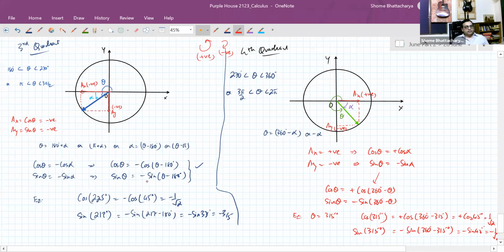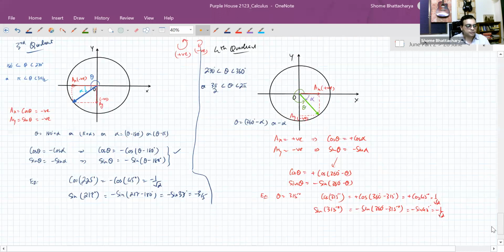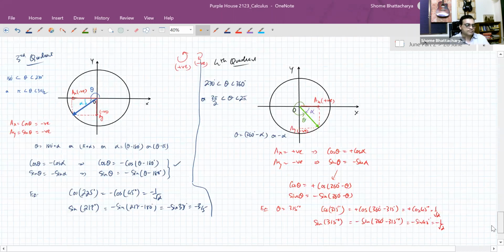Okay. And any angle which is more than 360, it just becomes a repetition of what we've done earlier. Like for example, if we have an angle of 390 degrees, then it's the same thing as 360 plus 30. So 360 we are back to 0. So it's basically equivalent to 30. Okay. So that's how we can take trigonometric functions for any value of theta.